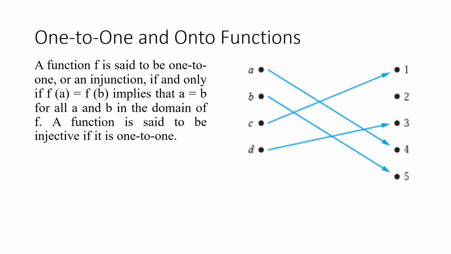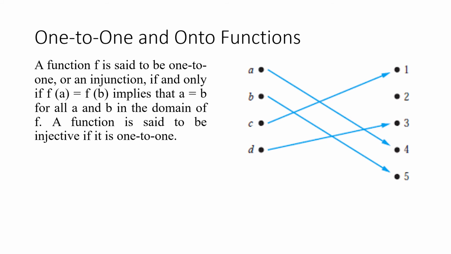so let's have one-to-one and onto functions. When we are talking about one-to-one functions, note that the function f is one-to-one if and only if f of a is not equal to f of b whenever a is not equal to b. This way of expressing that f is one-to-one is obtained by taking the contrapositive of the implication in the definition.